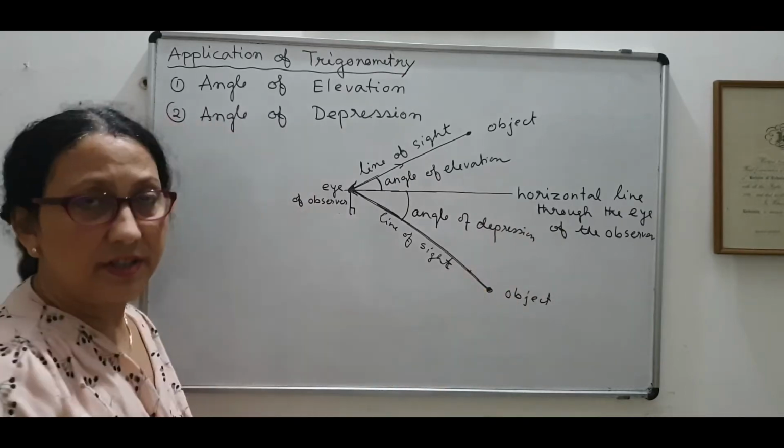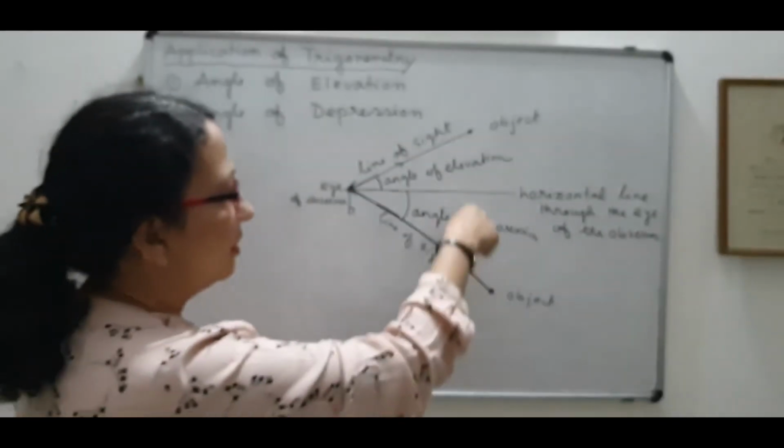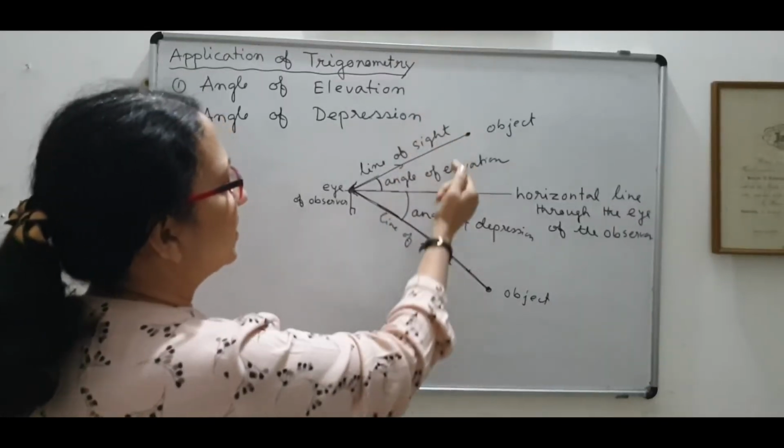Actually, basically both are the same thing. Since the object is below, it is angle of depression. It is depressed, so it is angle of depression. It is elevated, so it is angle of elevation.